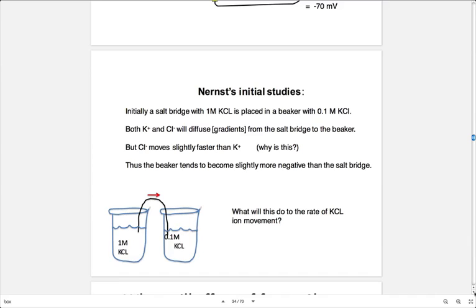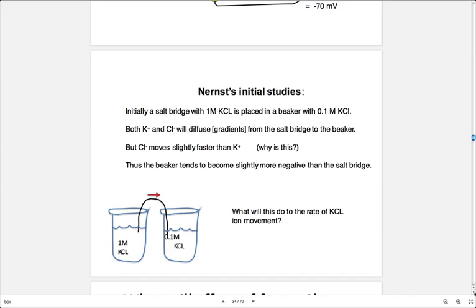And because it's Whatman paper, osmosis is going to carry our potassium chloride solution across the bridge, and you know which direction it's going to move in. It's going to follow initially what? Yeah, it's going to follow the concentration gradient. So potassium and chloride are going to move across the bridge from high to low. But chloride, it turns out, is going to move a little faster than potassium. Why?